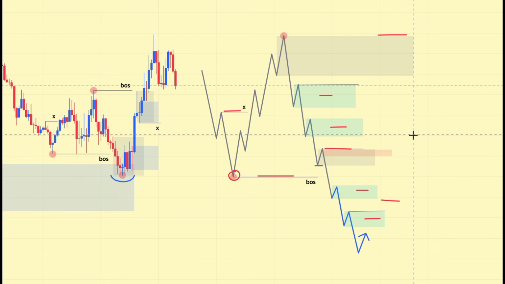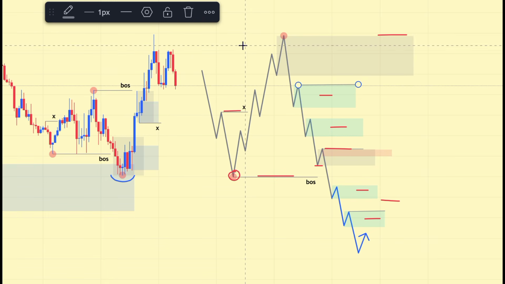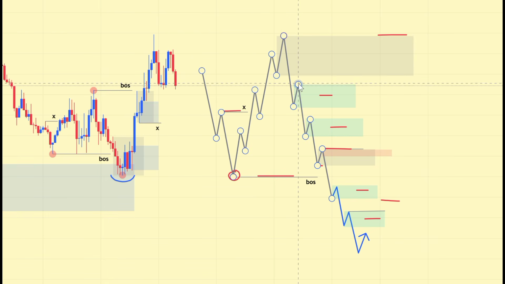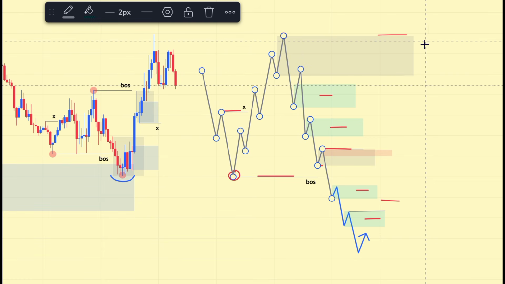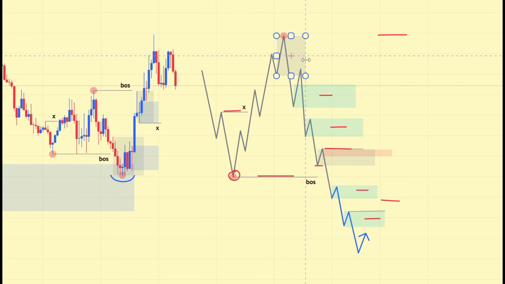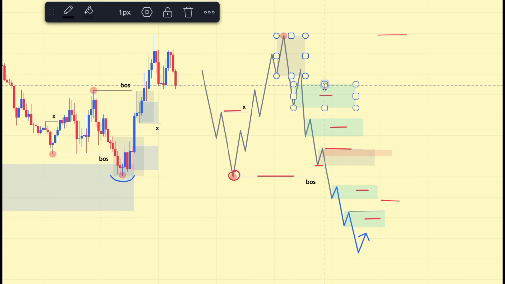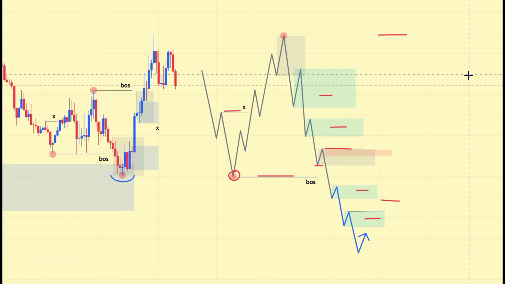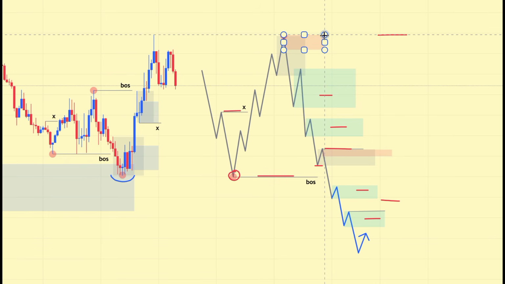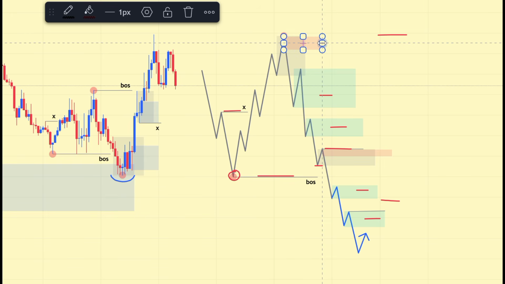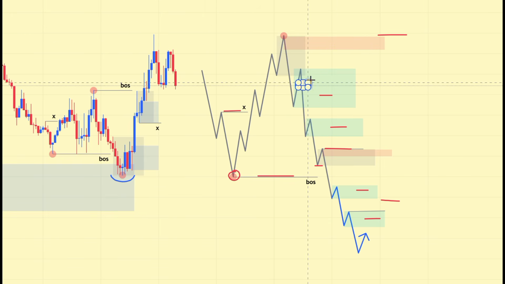All right, so now let me change the scenario to something like this, where price has mitigated this extreme. So this one here is a mitigated order flow, and now our extreme order flow is this one here. Of course, there is an order block here that is unmitigated, exactly right here, and also here there is an order block that is unmitigated.